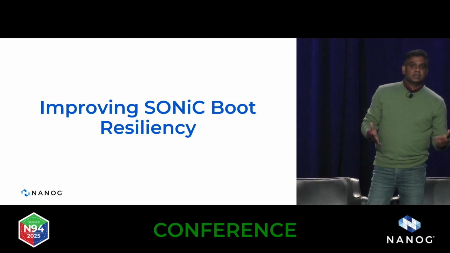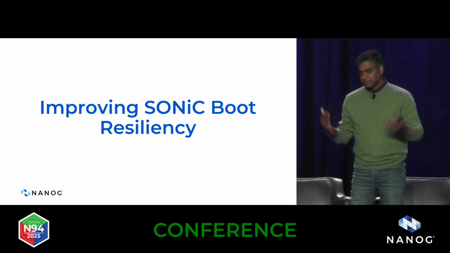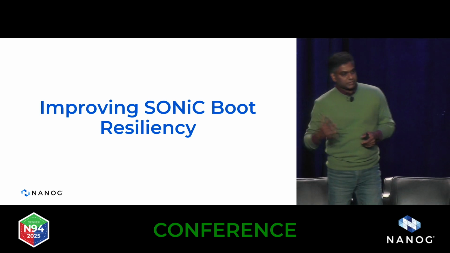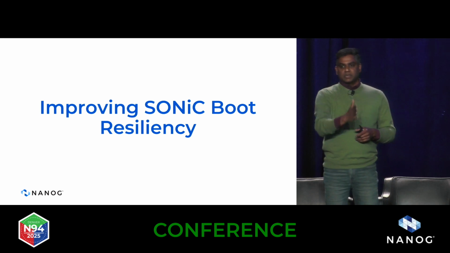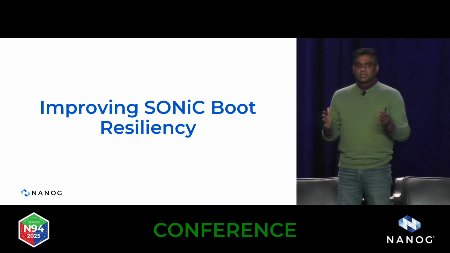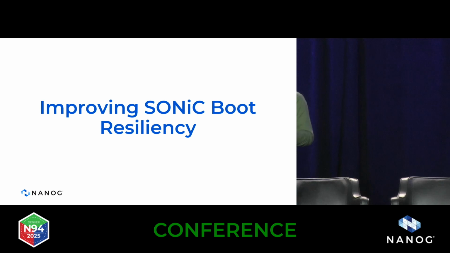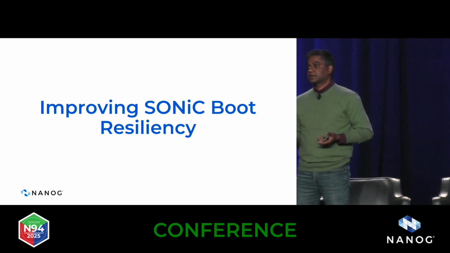In a DC, traditionally the way SONiC does it is you have redundancy at the device level. If one of the devices malfunctions, there is an equivalent device that takes over immediately and things continue to function. That's great, but there are a lot of deployment scenarios where this is not practical.